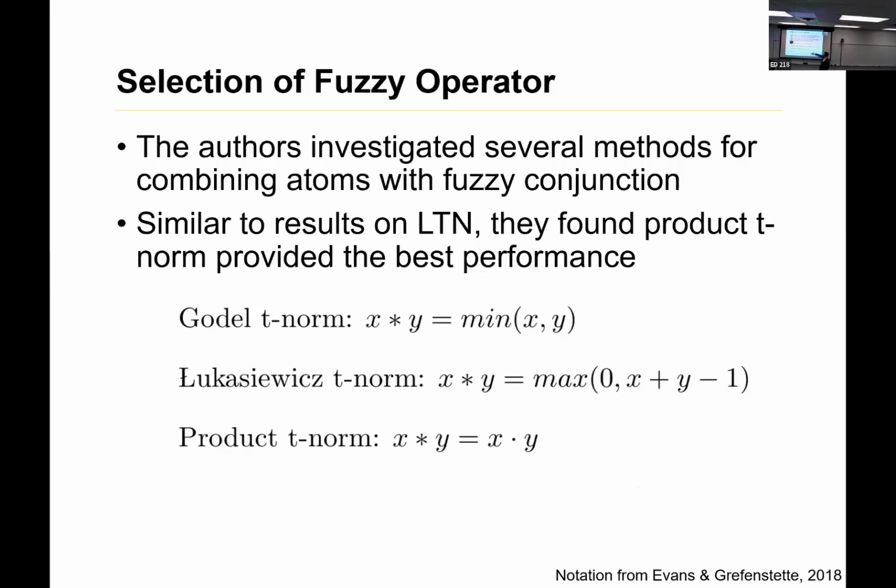They found that the product T-norm worked the best, which is interesting because that's also what worked the best with logical tensor networks. They said that basically the gradients flowed more evenly when you use product as opposed to the other things. And that makes some intuitive sense.